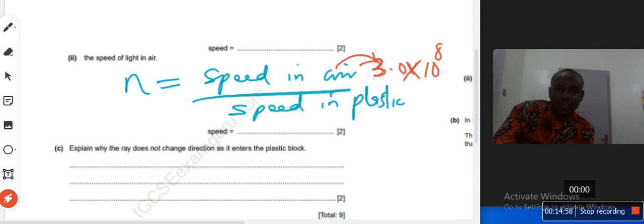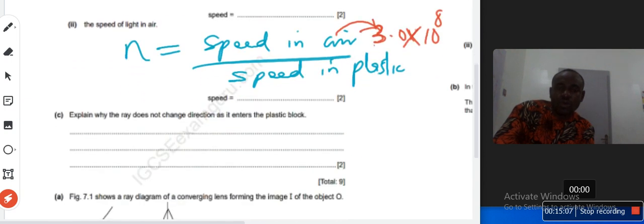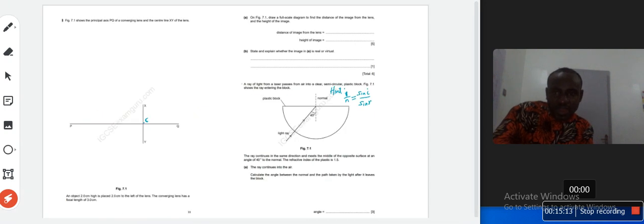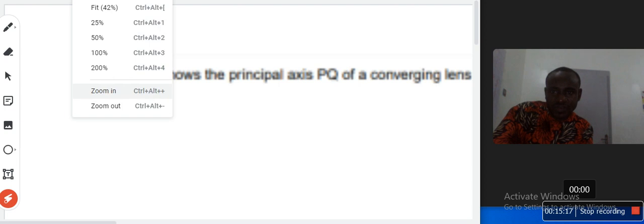We can use that to find the speed in the plastic. This particular question requires us to find the speed in the plastic. We are already given the refractive index.